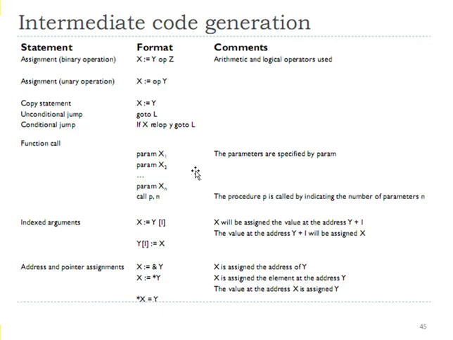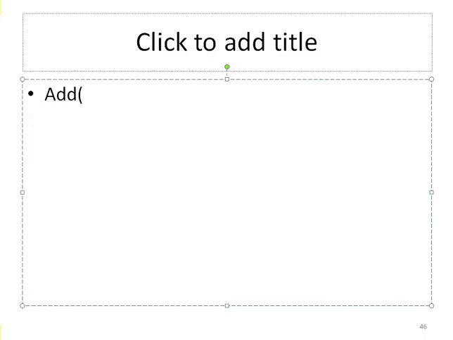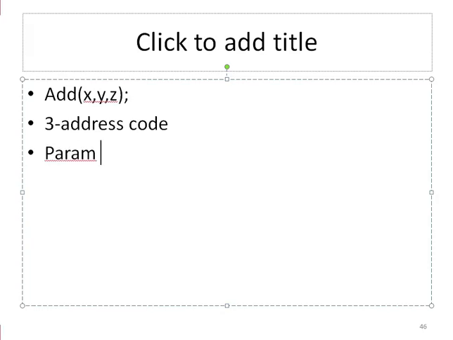For example, if we have a function call like add x, y, z in the source program, then we can convert this into three address code representation as param x, then param y, then param z.